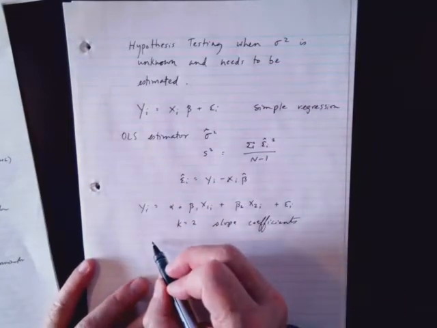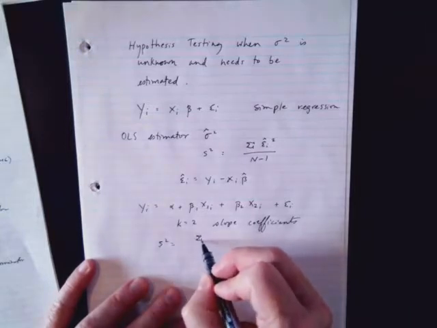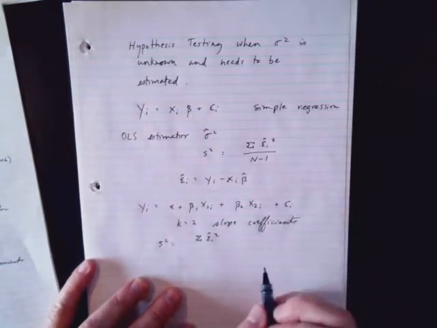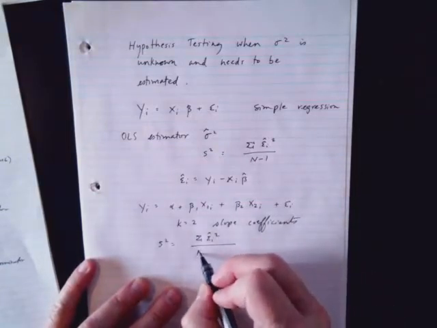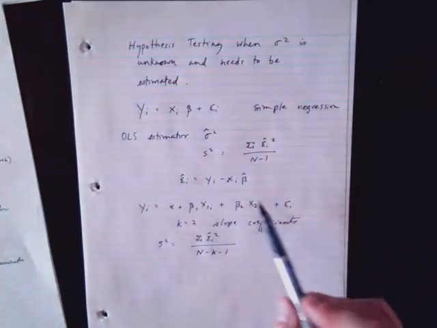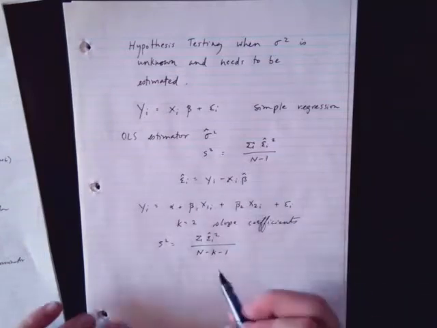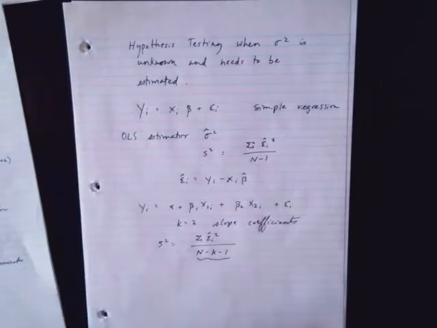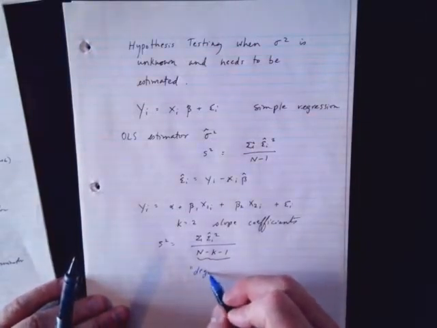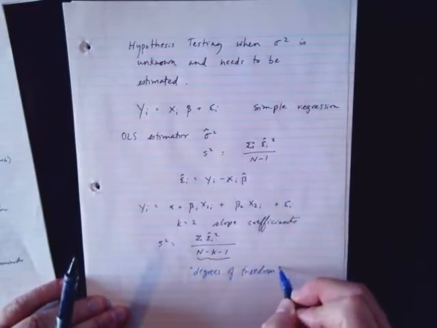So this time we're going to do s squared equals the sum of the squared residuals, divided by n minus k minus 1. So it would be n minus 3 in that case. We have 3 coefficients that we've estimated. And this term, n minus k minus 1, that's what we call the degrees of freedom.